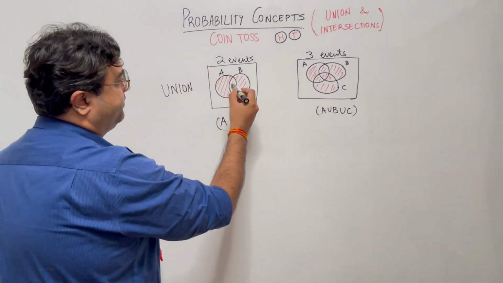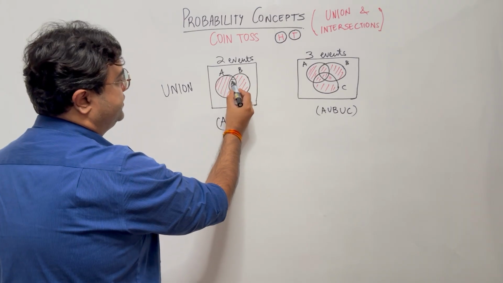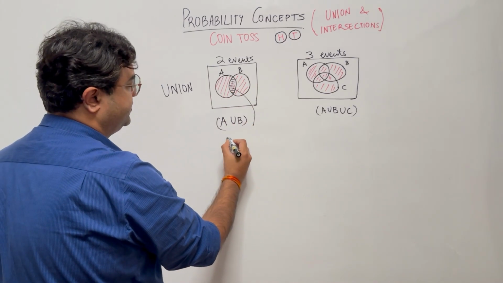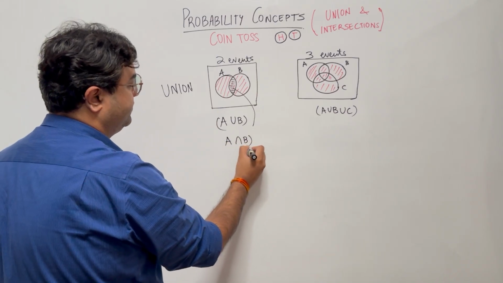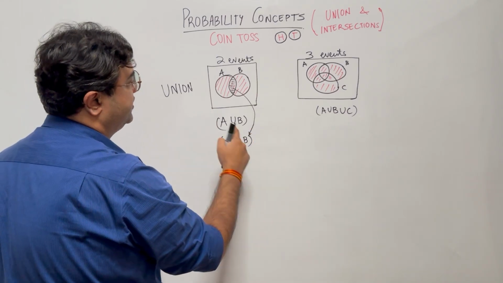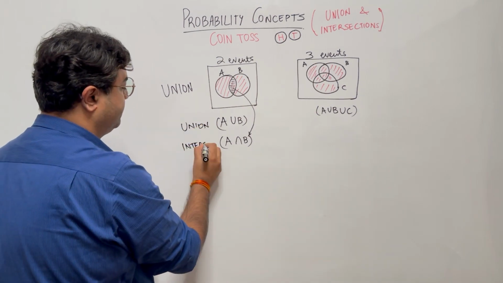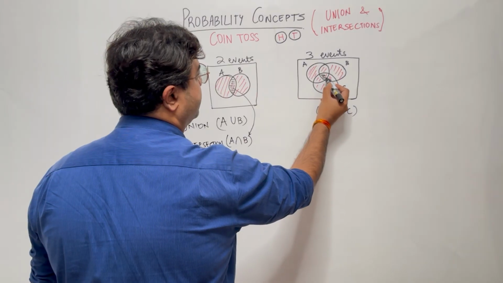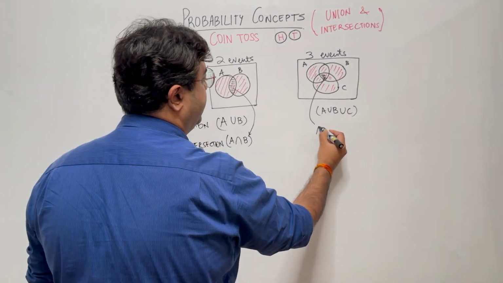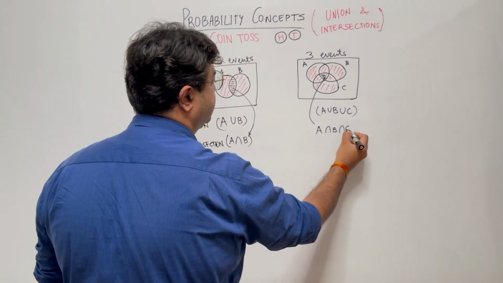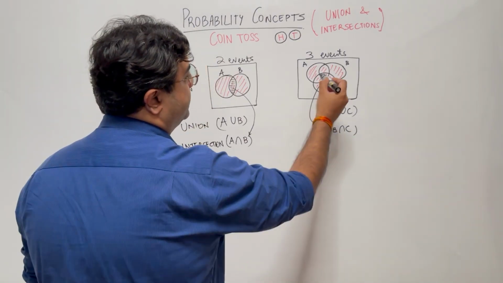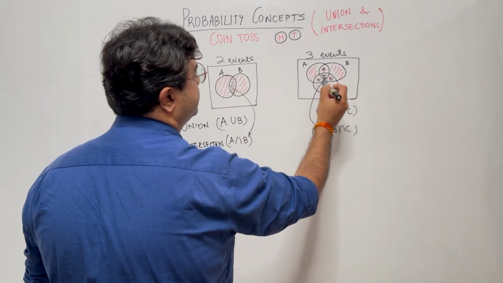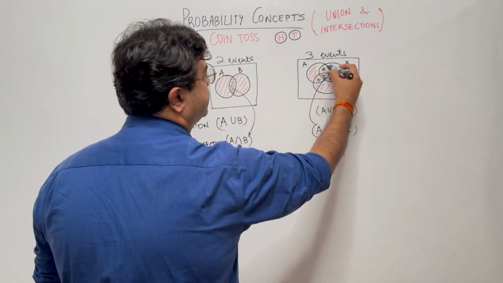As you can see here, this area is an intersection, which is A intersection B. Similarly, here it is this area. This is A intersection B intersection C. But there are other areas also, like this one and this one. These are also intersections.